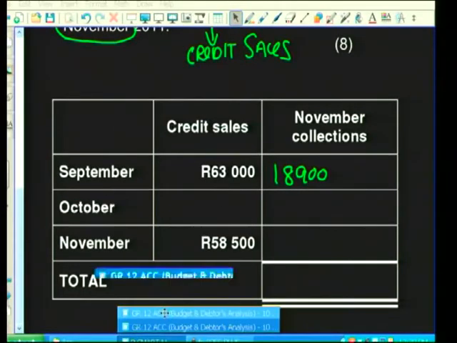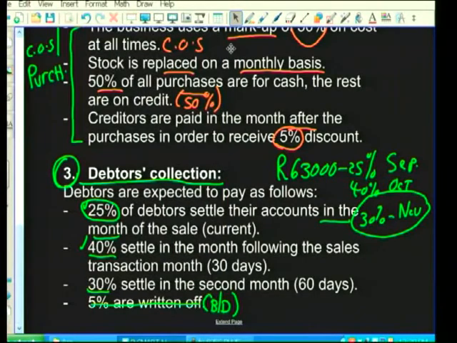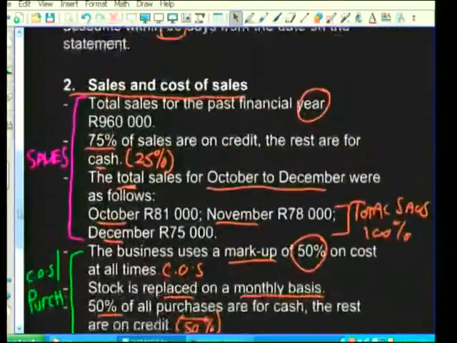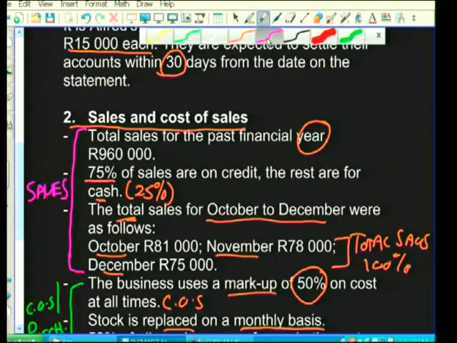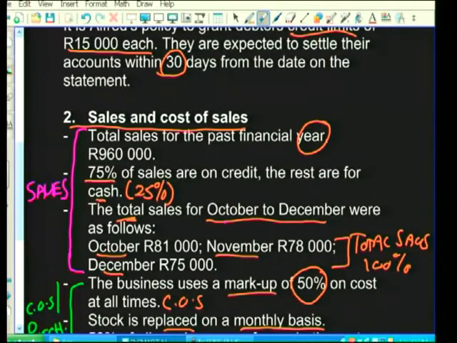And again, we're going back to our information. Let's just get rid of that calculator. Okay, so there we go. So remember, we're looking at sales and we want to work out the credit sales for the month of October. So I'm now going to go to my info, and I've got total sales for October to December.